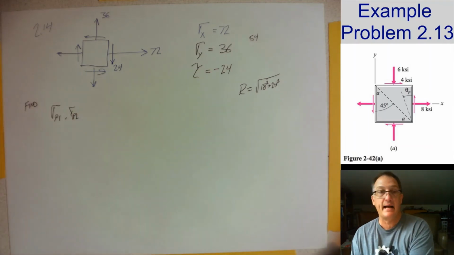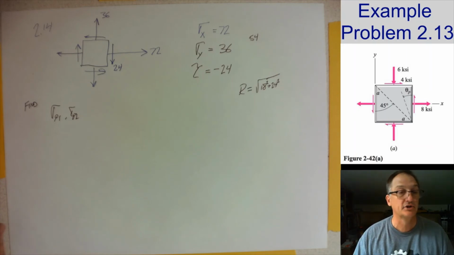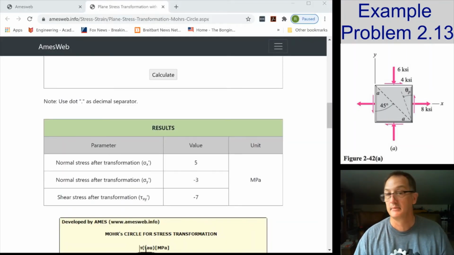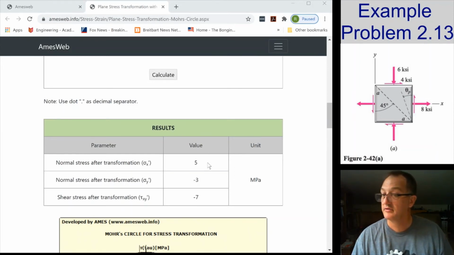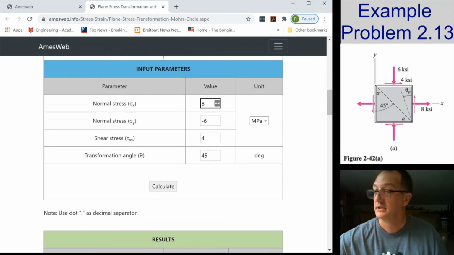So I want to go back to my calculator, so I'm going to turn off my document camera, and that pops right back up. And then I go over there after the transformation. I've got to put in the new values.